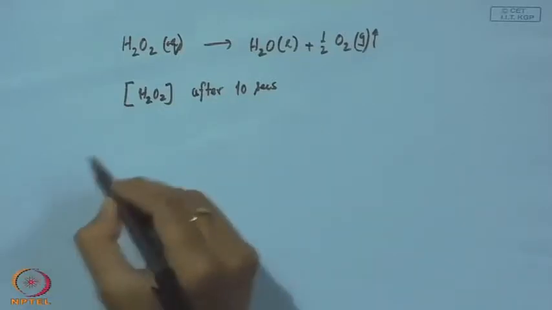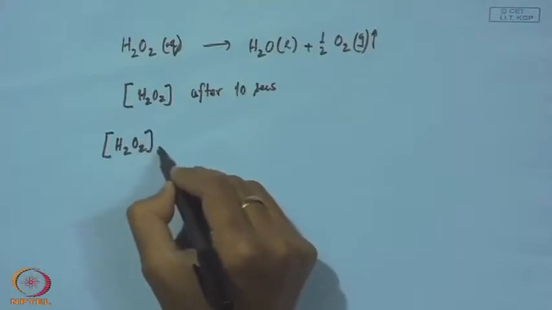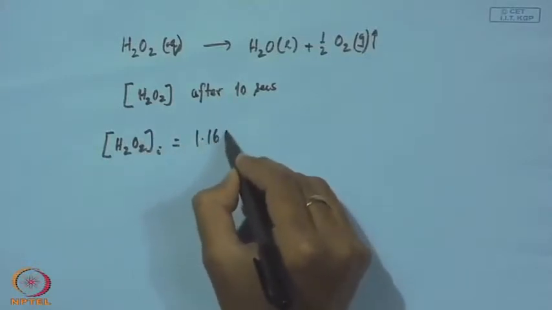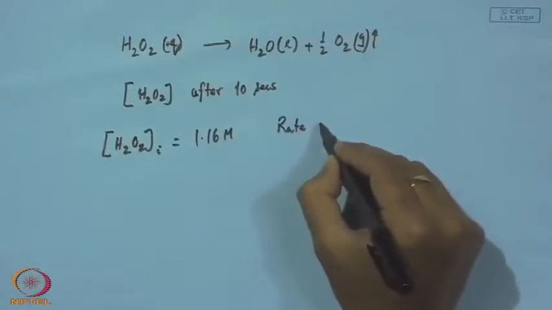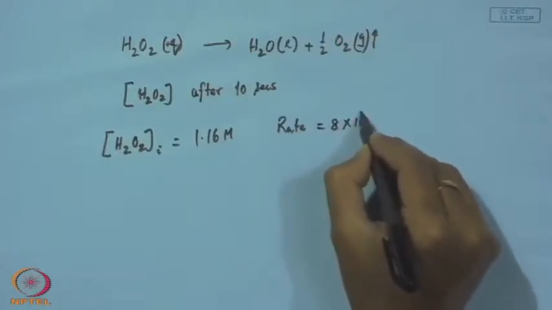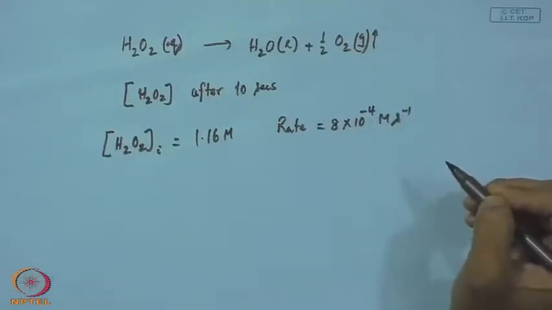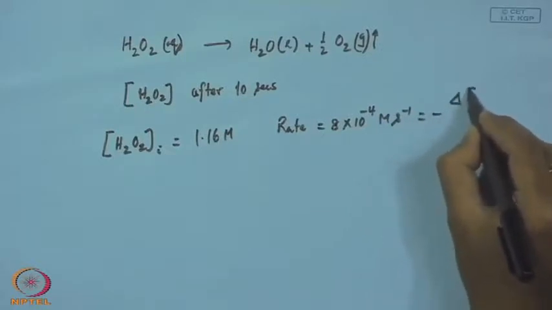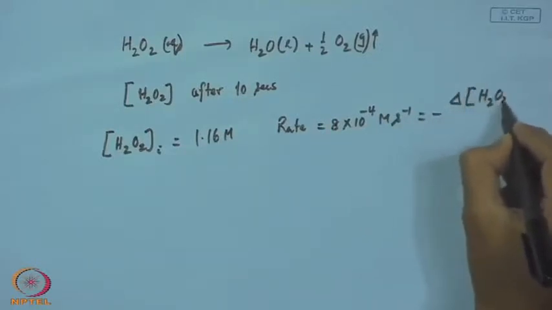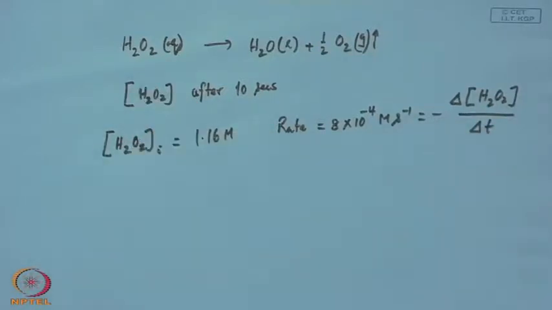So, let us think that initial concentration is given to be say 1.16 molar, and also given that rate is equal to 8 × 10^-4 mole second inverse. Okay. Which is equal to minus of delta H2O2 divided by delta t, why minus? Because it is depleting. Okay.